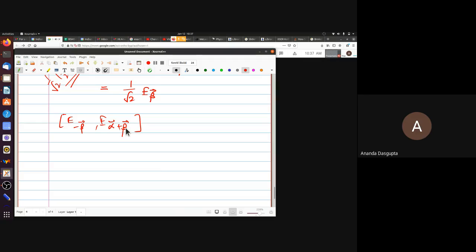But what factor? Now, here you might say, why this has to be 1 by root 2 E alpha, for the same argument, right? Why? Because E alpha plus beta is what you get when you raise E alpha using the E beta operator. And now you're lowering it back again using E minus beta. So it would seem like the same argument that we had given a while ago would tell you that this has to be 1 by root 2 E alpha.